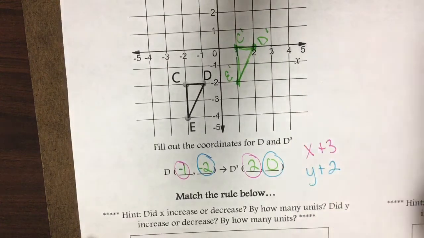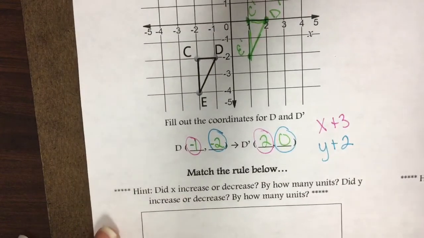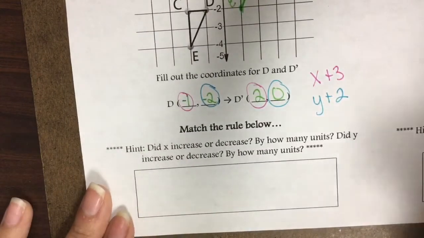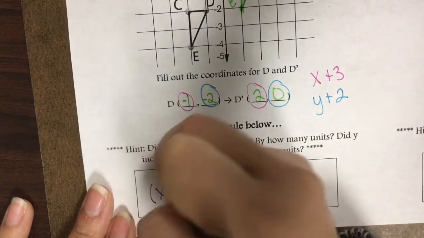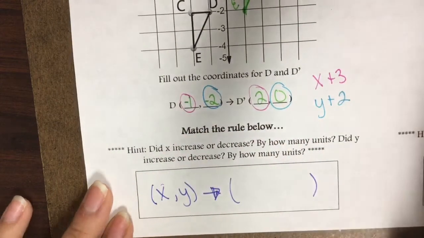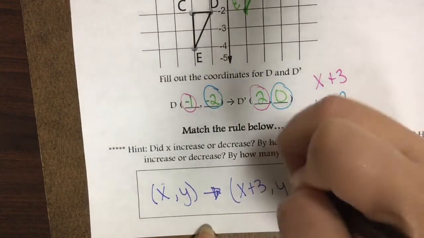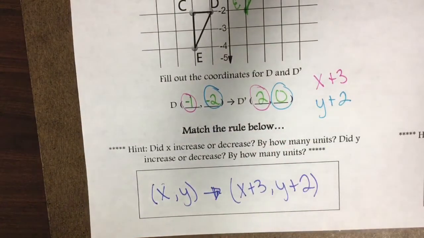Negative 2 plus 2 gives me 0. So let's go ahead and write our rule. So I have x comma y changes to x increased by 3, y increased by 2.